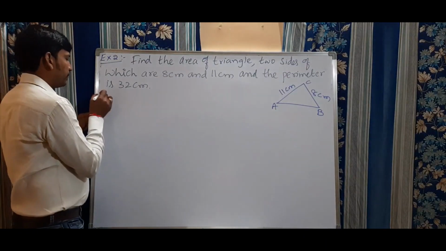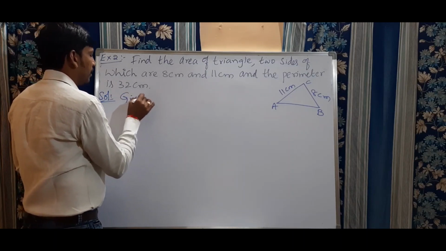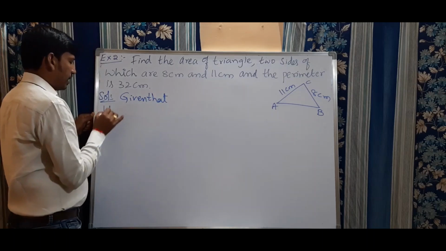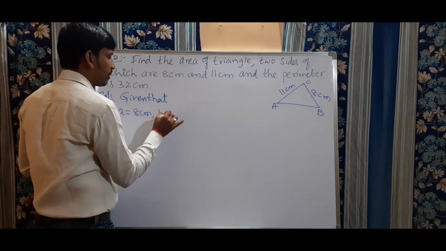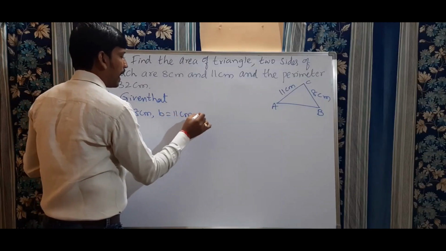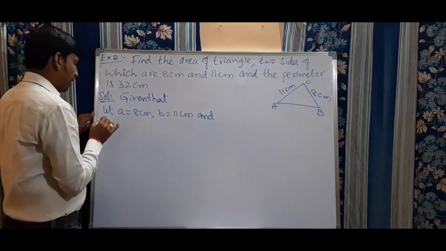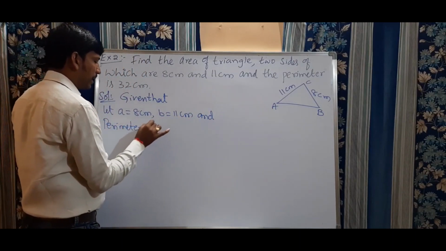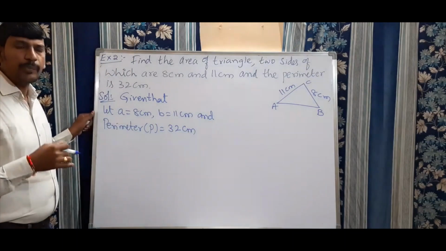Now see this here. Solution, given that let A is equal to 8 centimeter and B is equal to 11 centimeter, and the given perimeter P is equal to 32 centimeter. So generally, what is the perimeter?